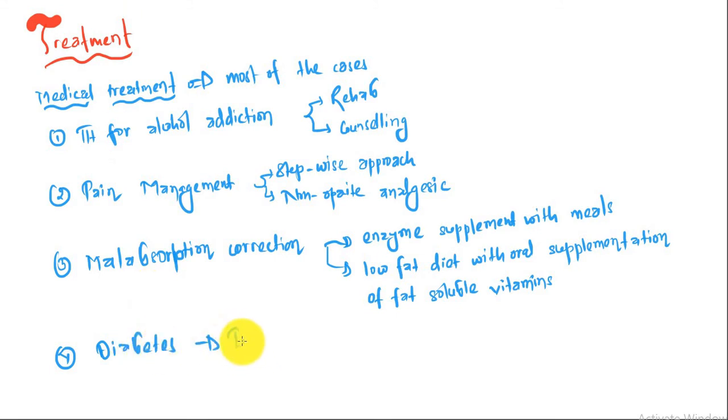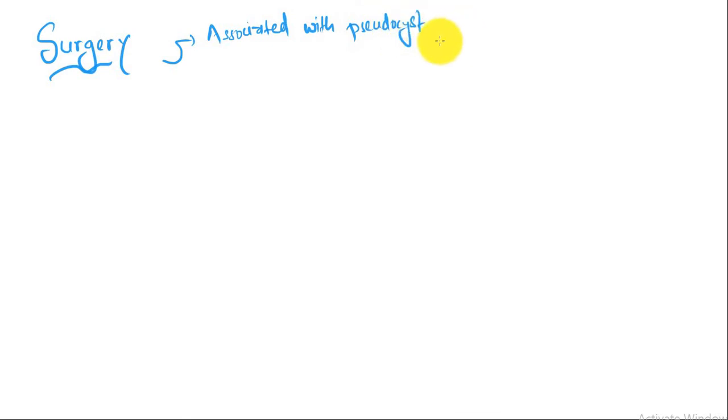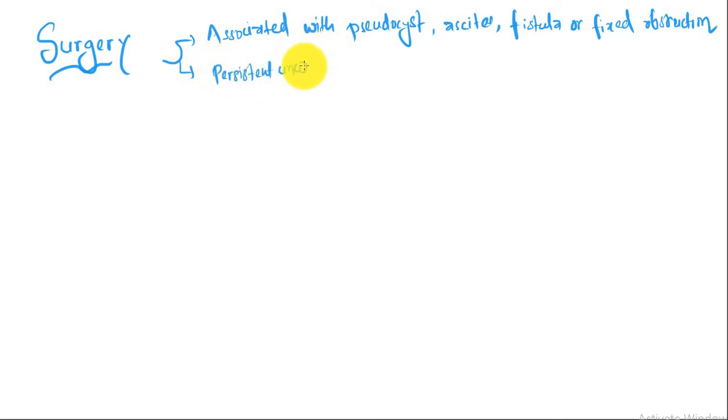Now diabetes is another clinical picture, so insulin therapy is given for diabetes. So let's move on to surgical treatment. It is done for associated pseudocyst, ascites, fistula or fixed obstruction, and it is also done for persistent uncontrolled pain.